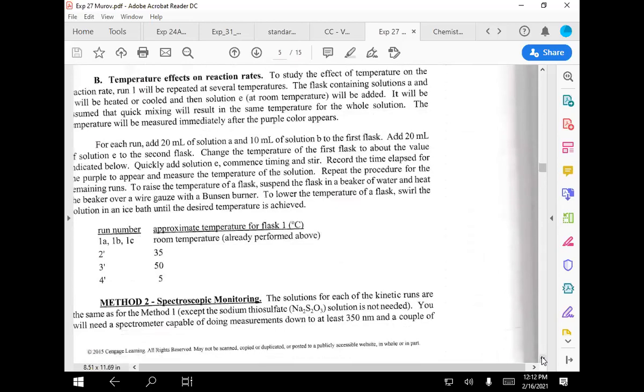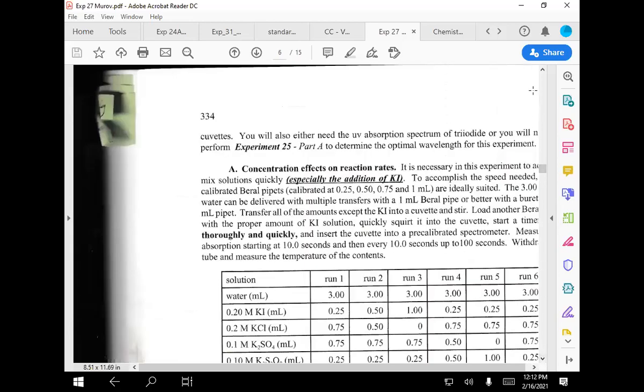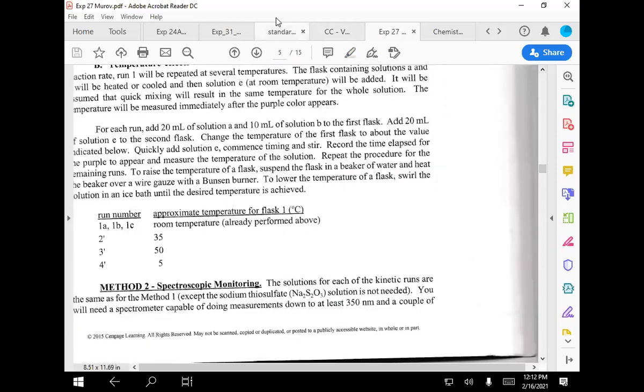Okay, so what we're doing this week, oh, sorry, too fast. What we're doing this week is method 2. We're using a spectrophotometer, and we do have the spectrophotometers at school, as well as what they showed on your little video.